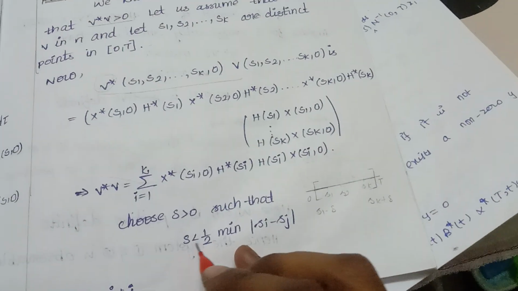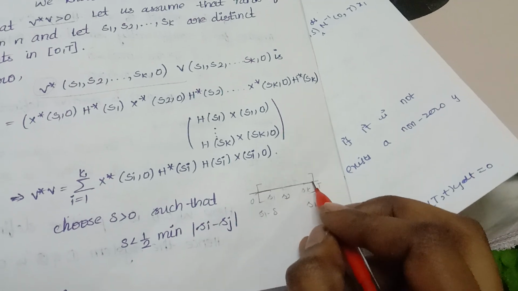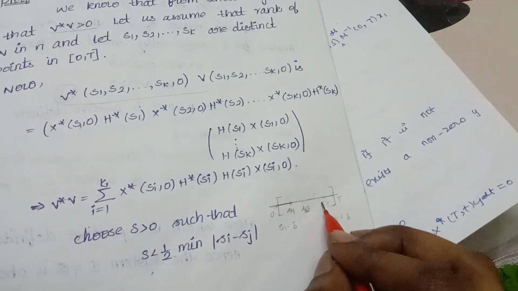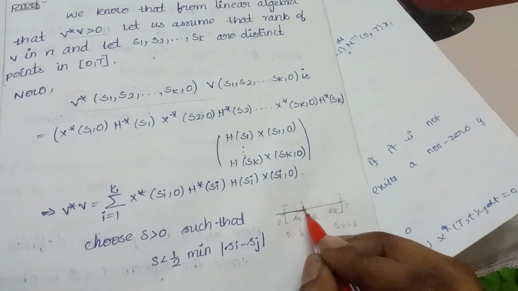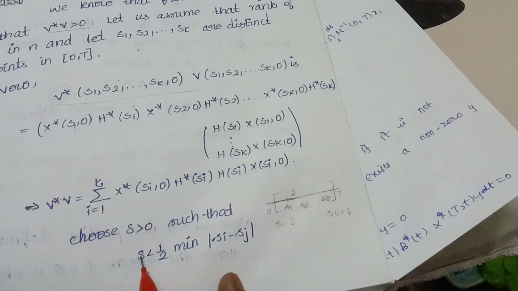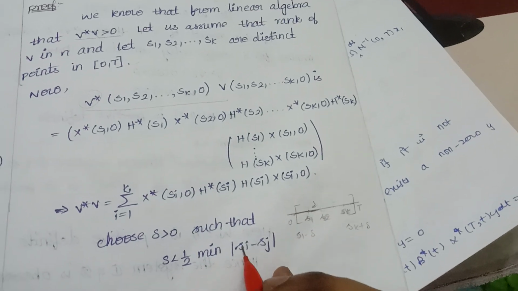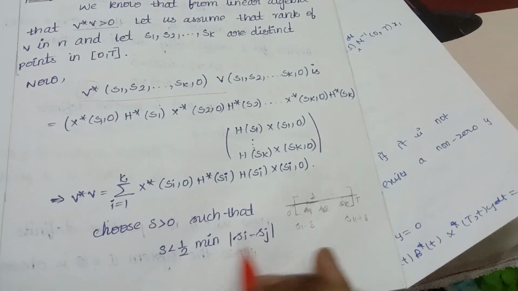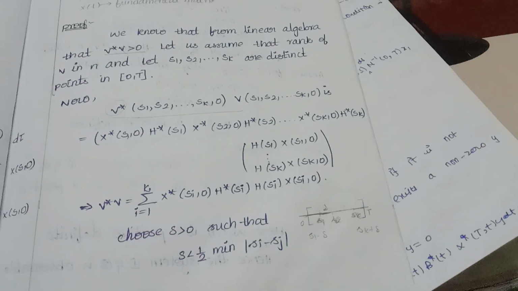On the interval 0 to T, we have the points s1, s2 up to sk, and the distance between the points is such that delta is less than or equal to one half of the minimum of si minus sj, for i not equal to j.